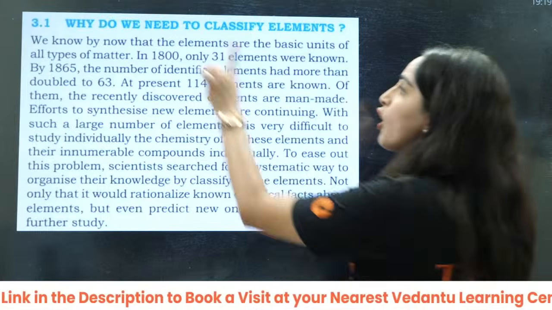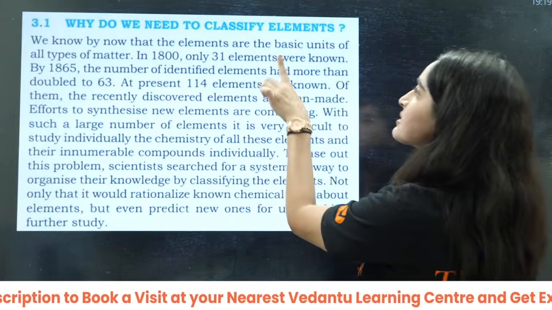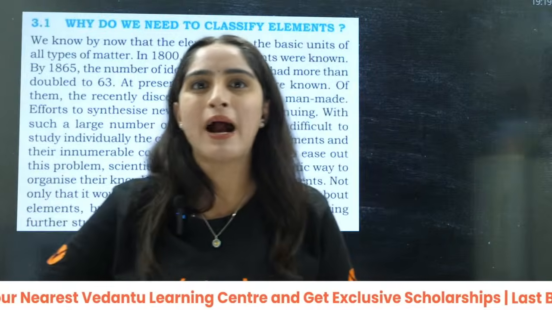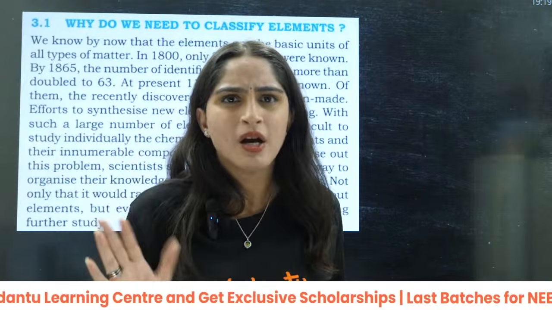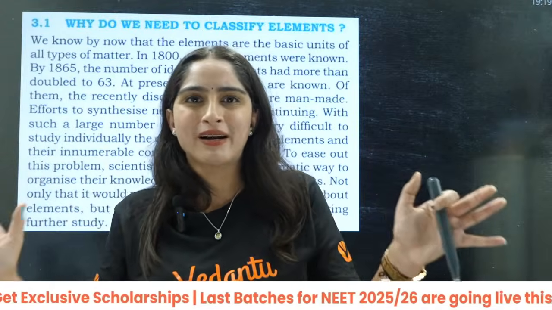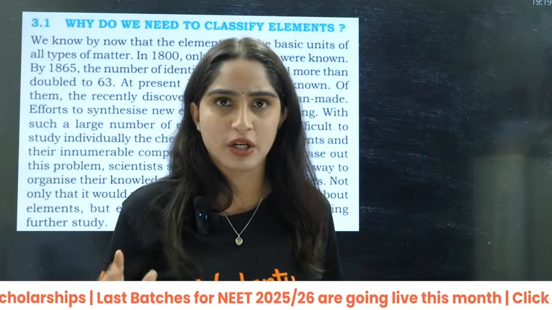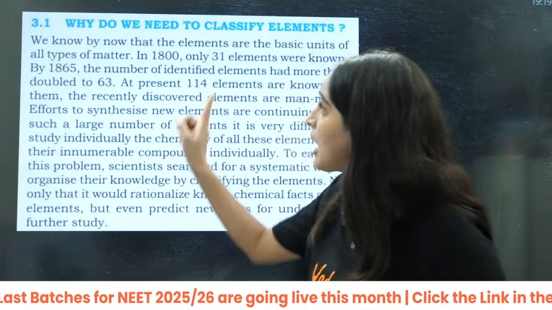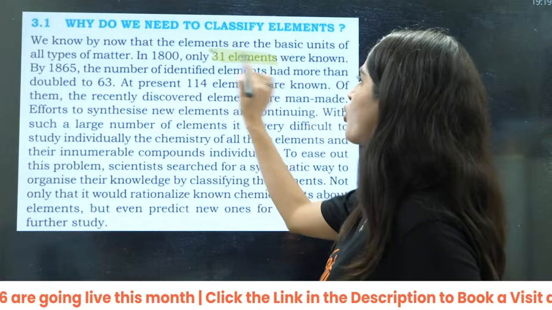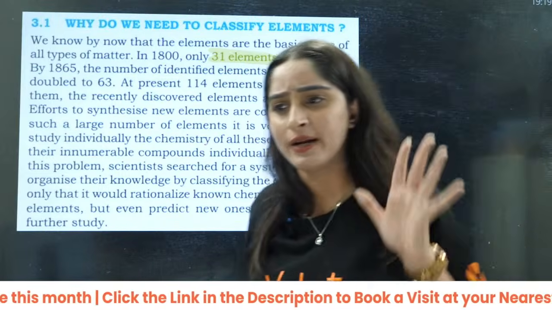We know by now that elements are the basic unit of all types of matter. Everything around us is matter, and it is divided into elements. So elements are a kind of matter that has further divisions, which we are going to study here. In 1800, only 31 elements were known.